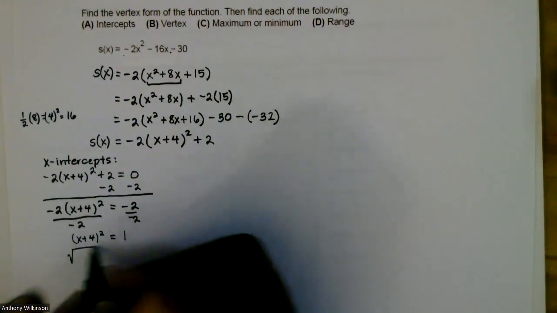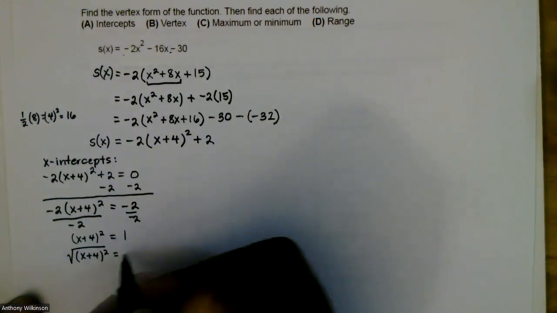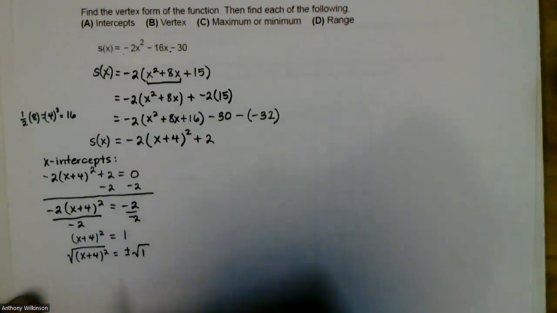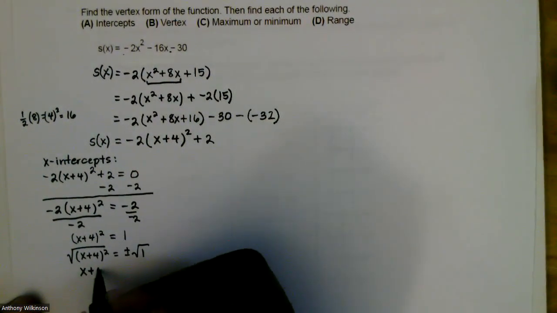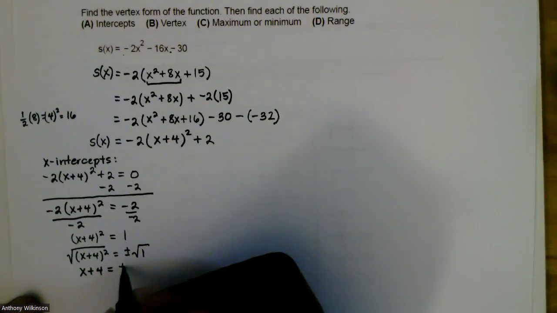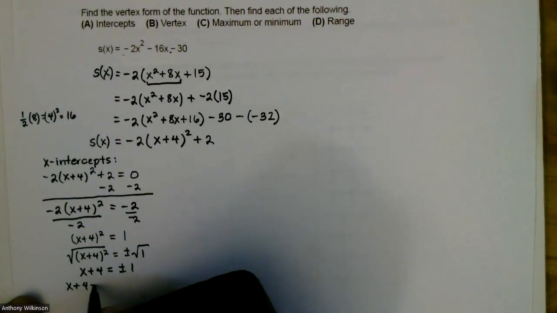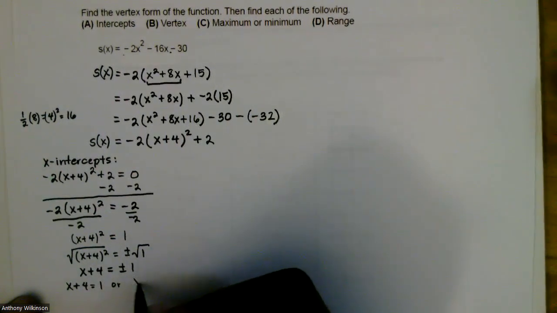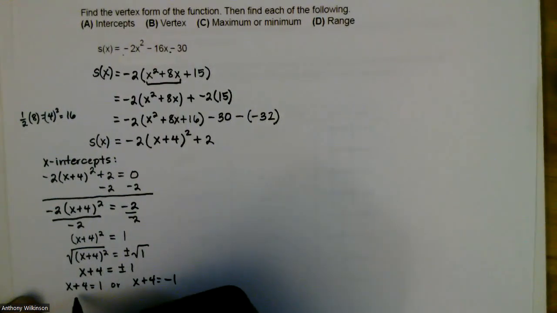And then if I take the square root on both sides of this equation and include that plus or minus symbol, that would mean I have x plus 4 is equal to plus or minus 1. That means x plus 4 is equal to 1, or x plus 4 is equal to -1.